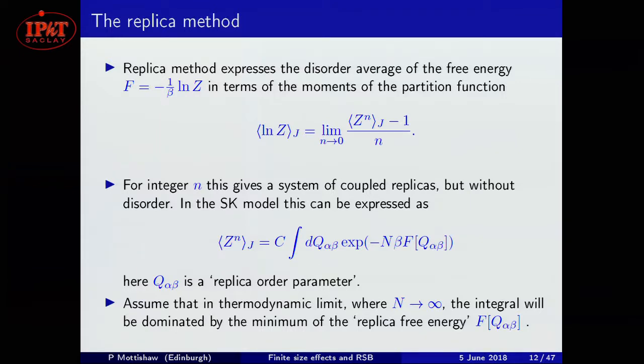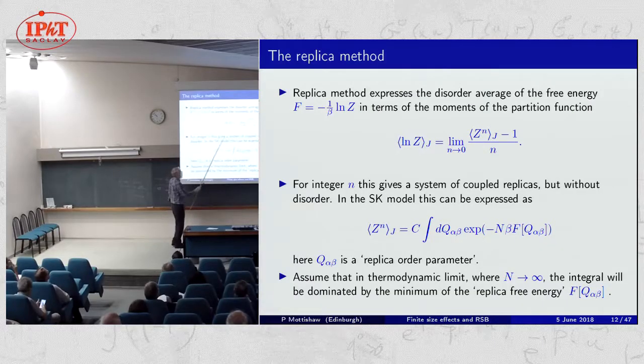So with the replica approach, the first step is really to deal with the log by introducing n replicas of the original system. You can then, with a lot of work with Gaussian integrals, convert that to something where your order parameter looks like a coupling between pairs of replicas, Q alpha beta.